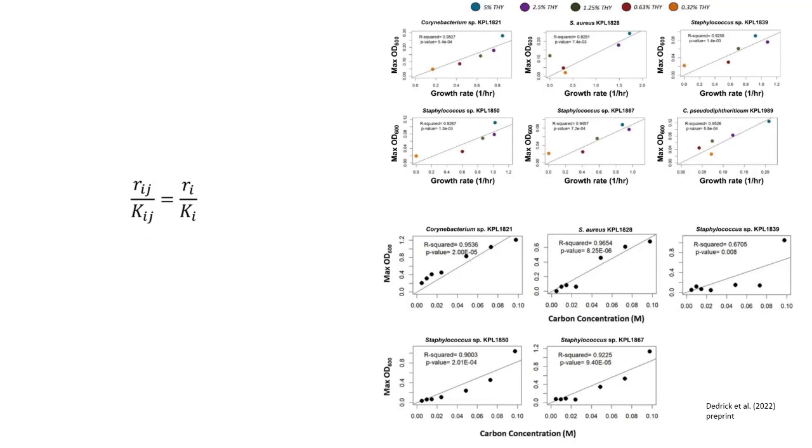If you put one bacteria with the other one, and then with another one and another one, this ratio should be constant. And so you would have a positive correlation between the growth rate and the carrying capacity as maximum LD.